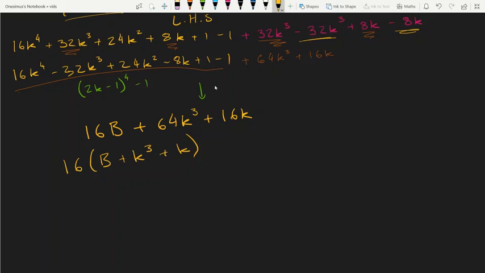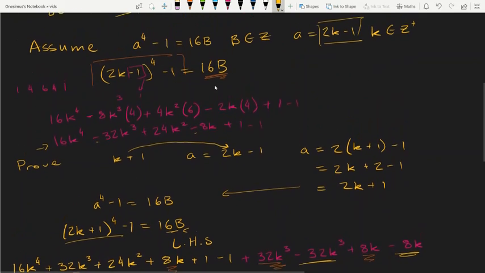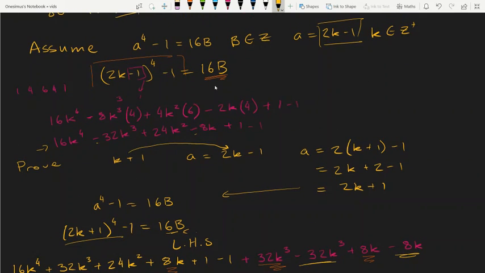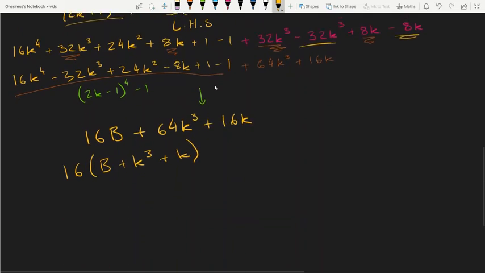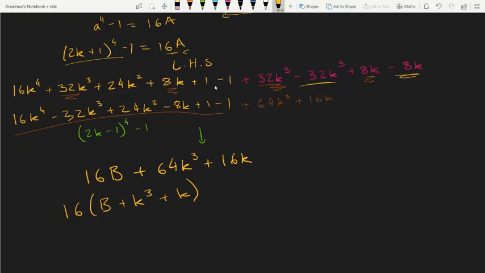What we've got is 16 times a value, which our right hand side, when we were doing this proof step, we were meant to get equal to 16a, because we're not going to have the same factor as before. So that's 16a there, and that's our right hand side equation. Here comes the right hand side, back in we go. It equals 16a.